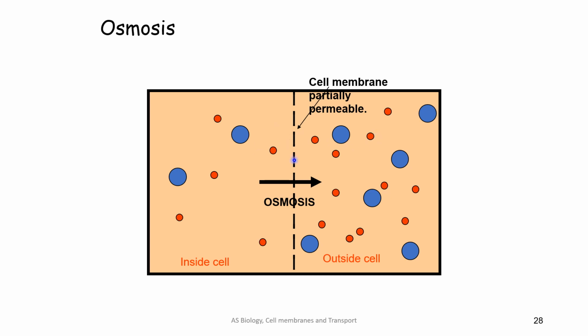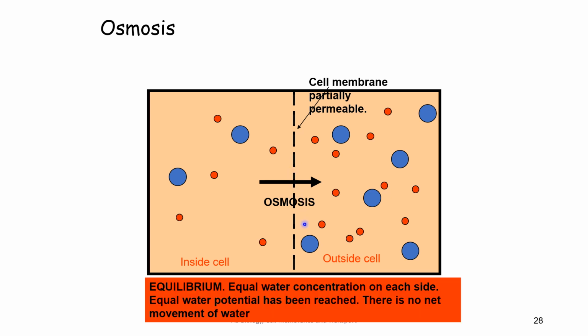Now you may look at this and say, well, that's not equal. That doesn't look like it's reached equilibrium. But the water concentration on each side, the water potential on each side, is equal. And that is because these sugar molecules cannot move through this membrane.